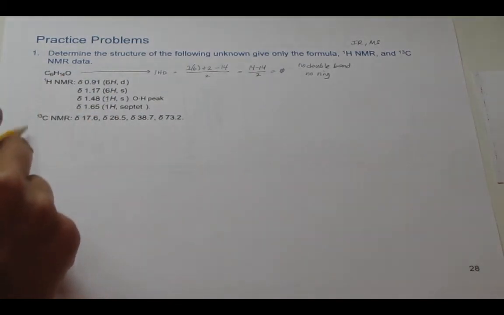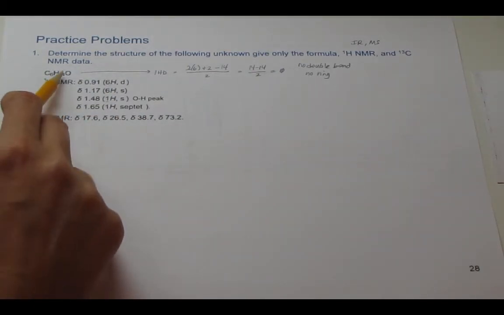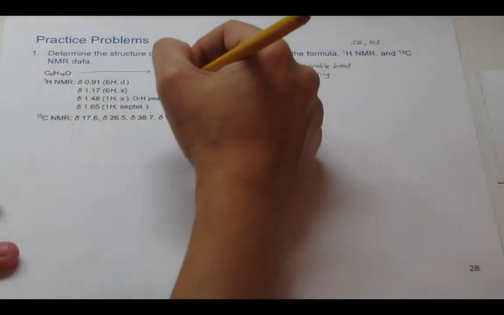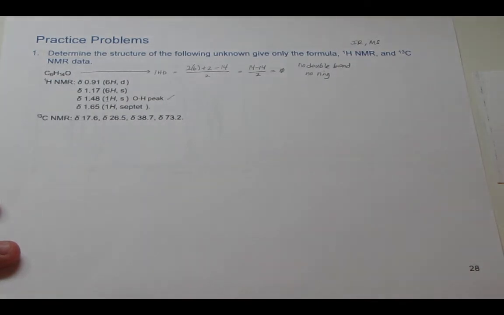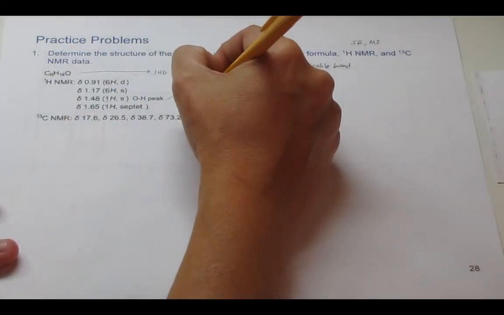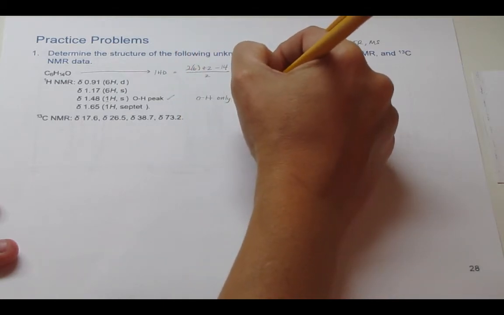Okay. Now if we go to the proton and carbon data, we want to check that we have 14 hydrogens. So here's 12, 13, 14, and it's telling us that one is an OH peak. So right away we know one of the functional groups is OH. We only have one oxygen in the molecule, so that oxygen is only an OH. And that means we're going to have an alcohol.